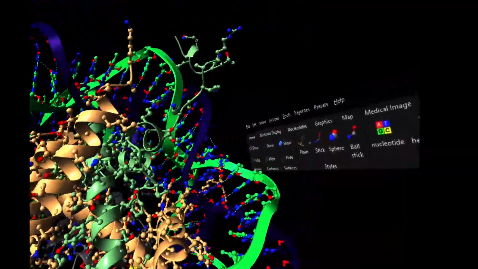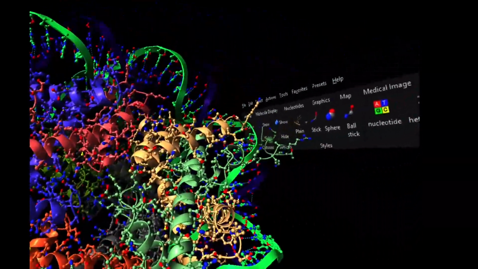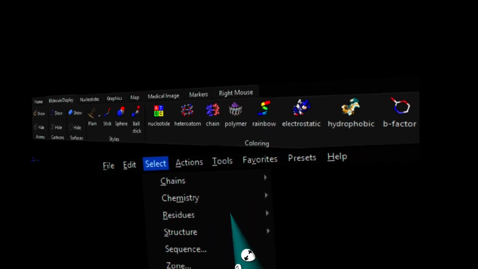So I'll draw the electrostatic surface first by selecting the nucleotides and then drawing the electrostatic surface for the DNA. This may take some time.